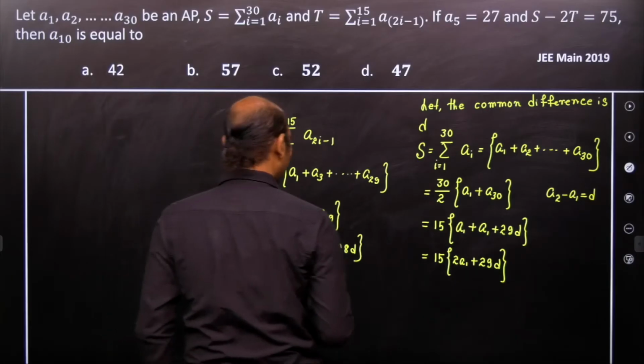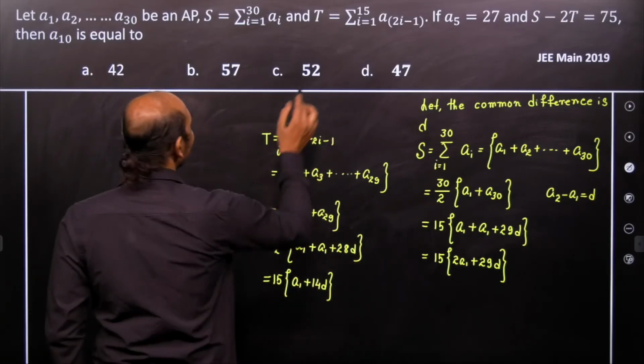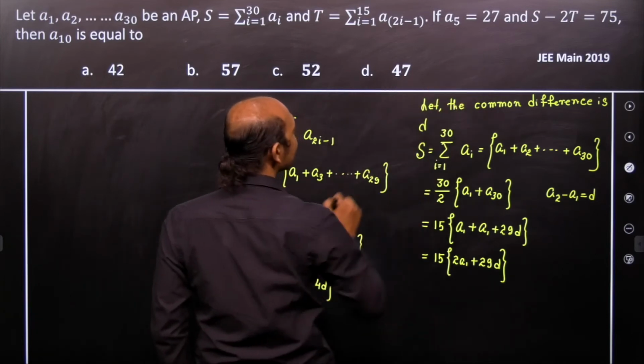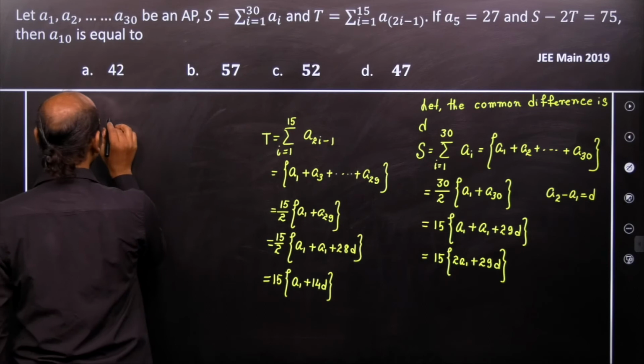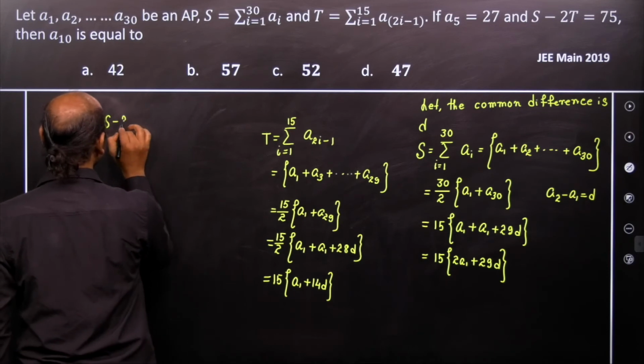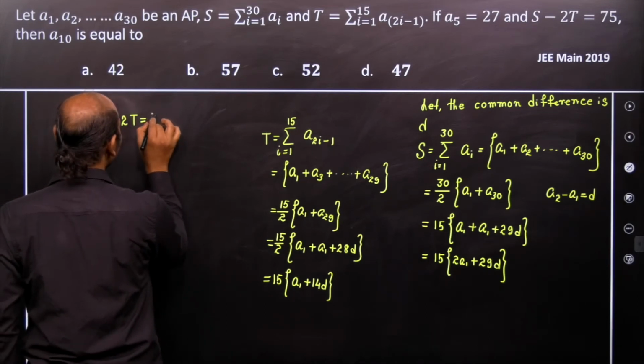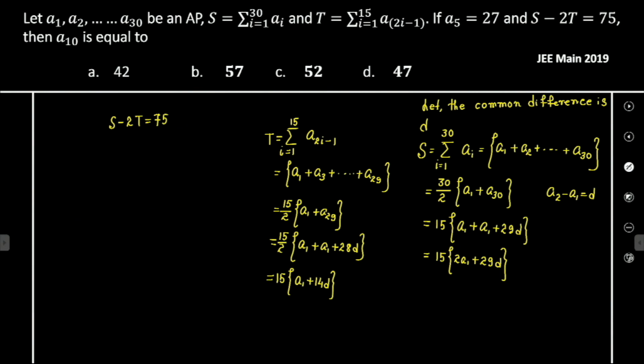In this particular problem, it's given that S minus 2T is 75. So what is S? S is this one.